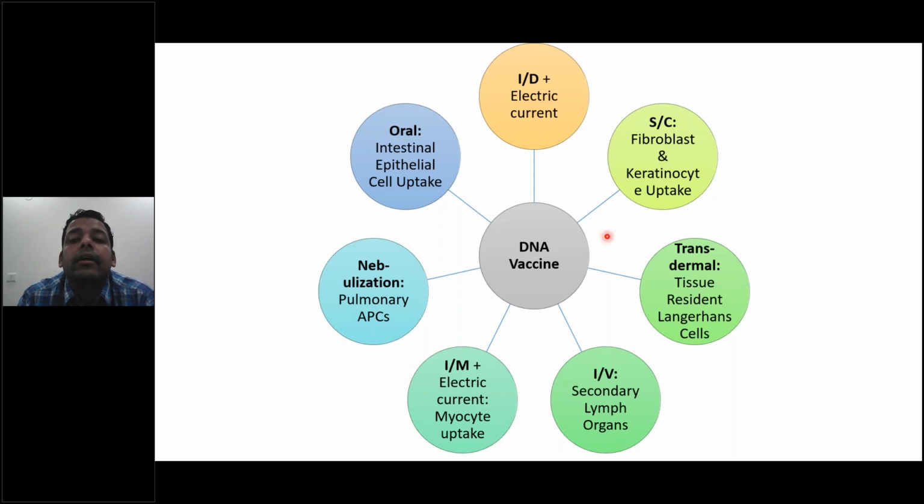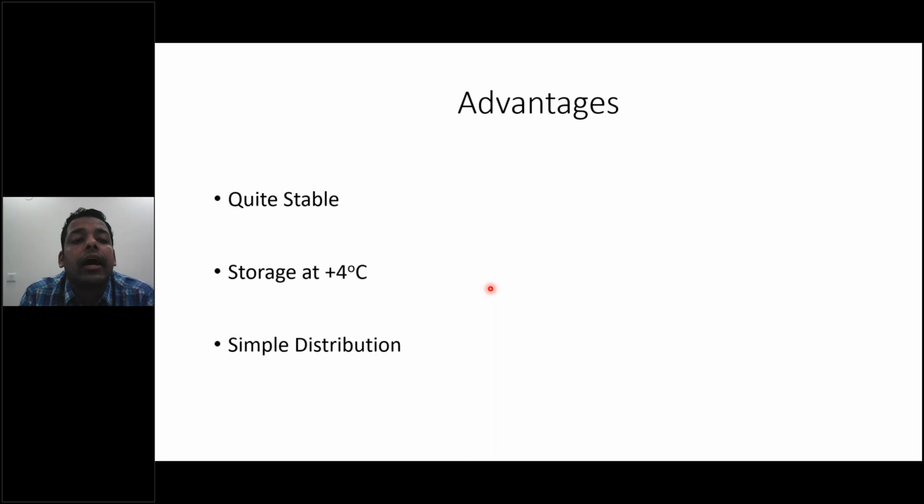In all these, the host cells, antigen presenting cells, would pick up this DNA, bind to it, form spike proteins inside them, which would then lead to an immune response. So the advantages are that they are quite stable and can be stored at plus 4 degrees Celsius. So their distribution becomes extremely simple.